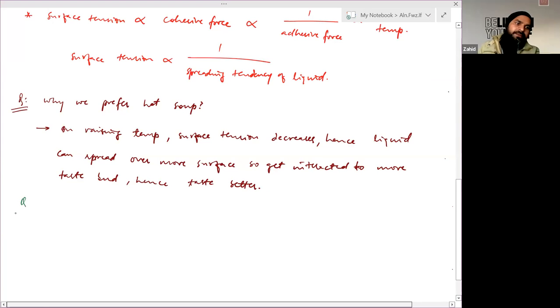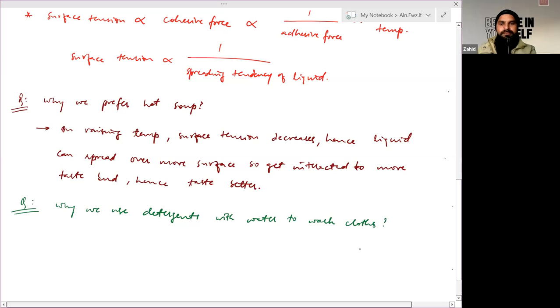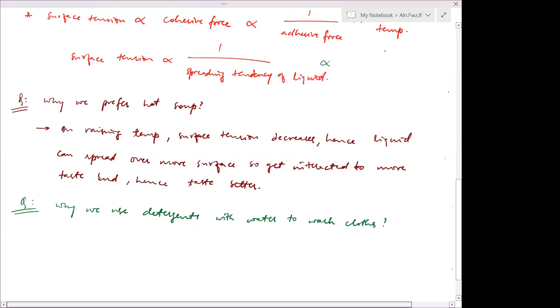Similarly, the next question will be: why do we use detergents with water to wash clothes? Any idea? Because it is also a fluid and it will spread over a larger area.